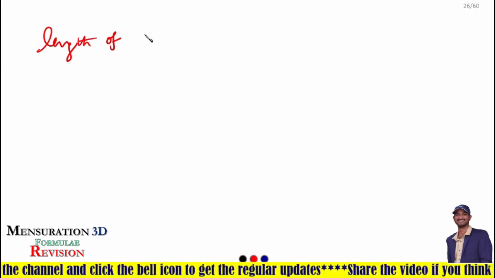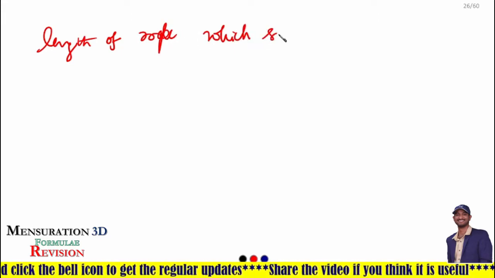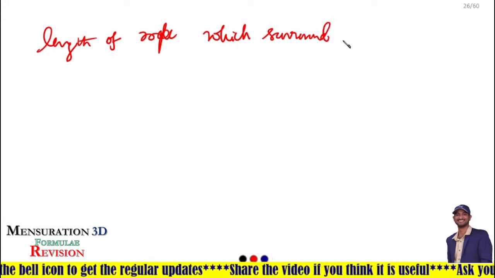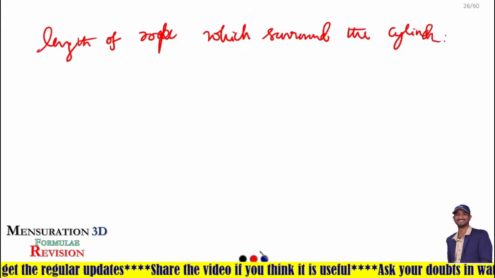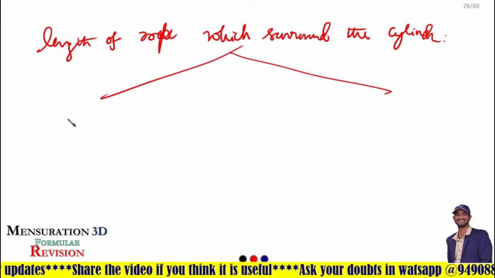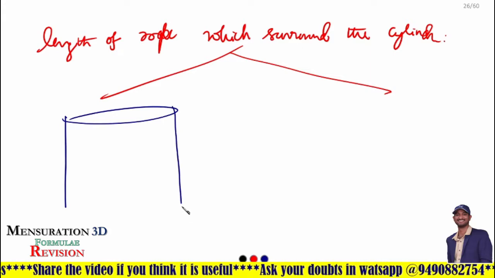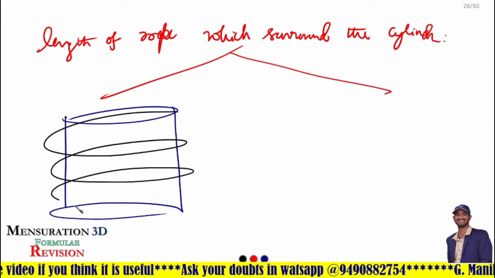Next, length of the rope which surrounds the cylinder. It is another important type in cylinders. We have two models in this case. What are those? One type is n equal rounds.